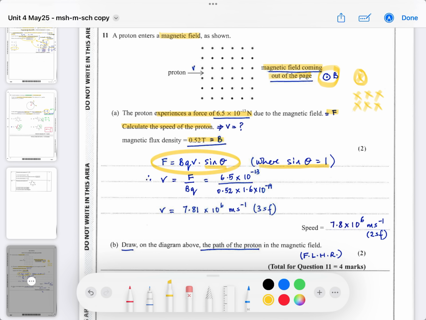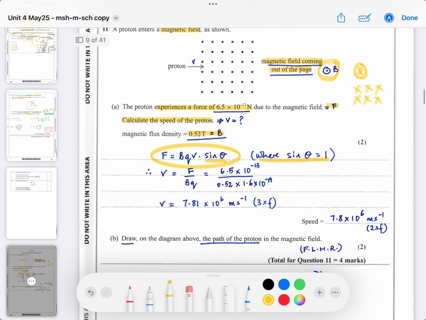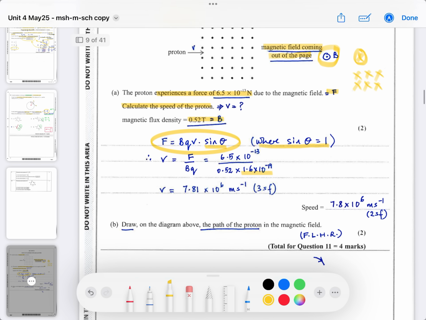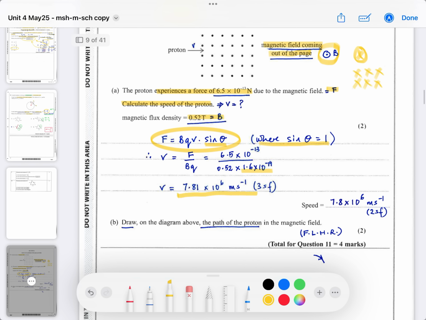So these are little checks on your knowledge. Okay, so when you change the subject of the equation, it's going to be V equals F over BQ, where Q is the same as the charge of an electron, which is the charge of a proton. And you get the answer to 3 significant figures, and really you should change it to 2 significant figures, because the data provided in the question, both the bits of data there and there, are both 2 significant figures.